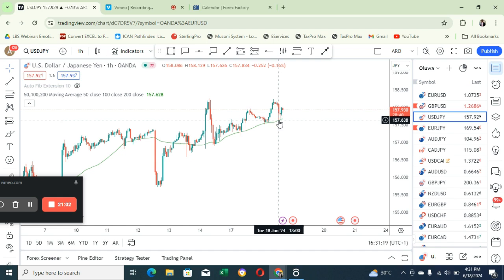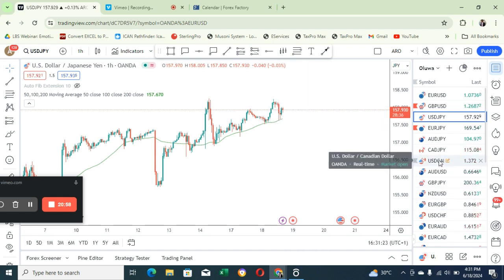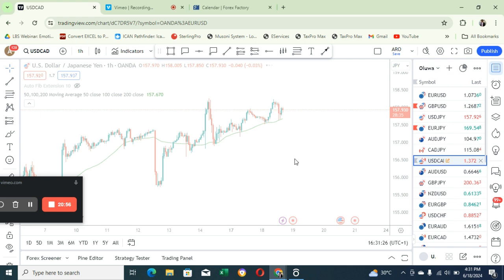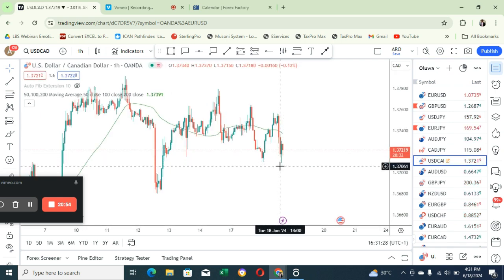We just checked a US currency-based pair, and the news went in that direction. Let's check another US-based currency pair, US Canadian. So at 1:30, you can see that everything went in the same direction.